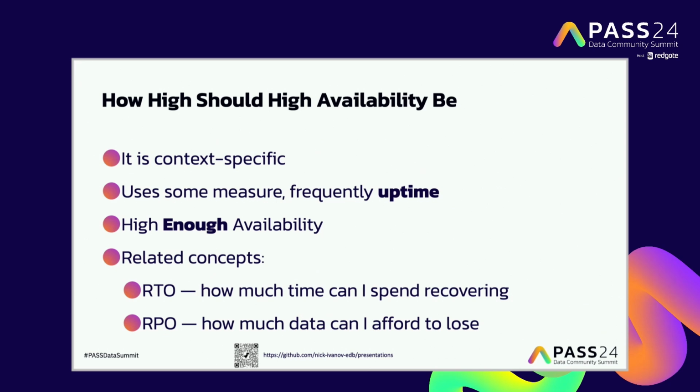That is how much time you can spend recovering your system after a failure to the original state or to the original level of performance. And the second one is recovery point objective, which essentially determines how much data you can potentially lose as a result of the failure and still continue functioning.